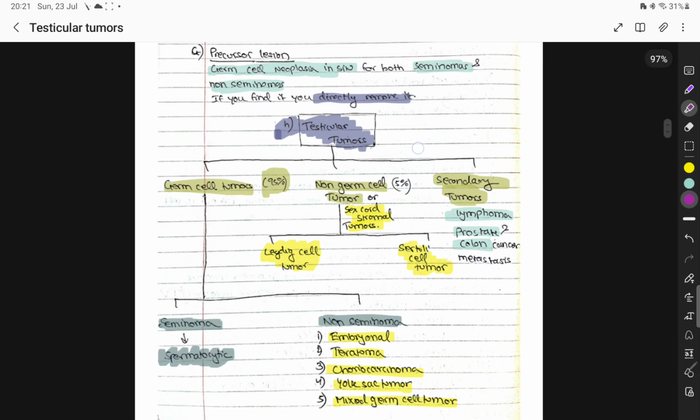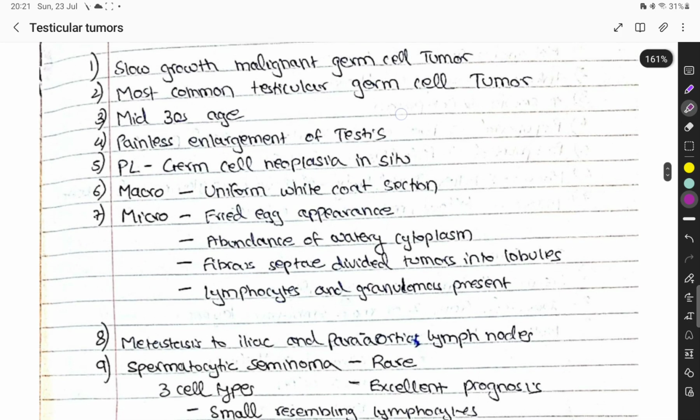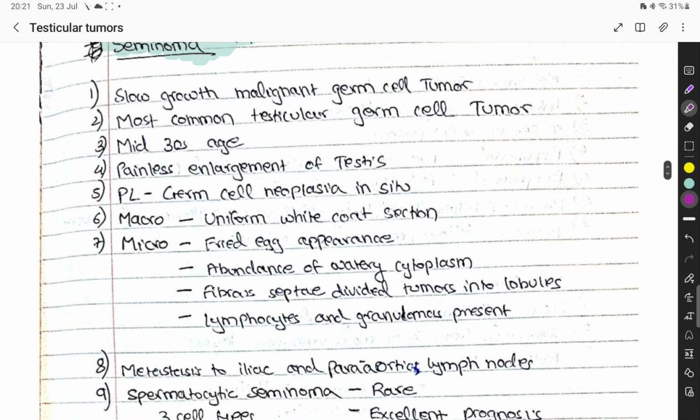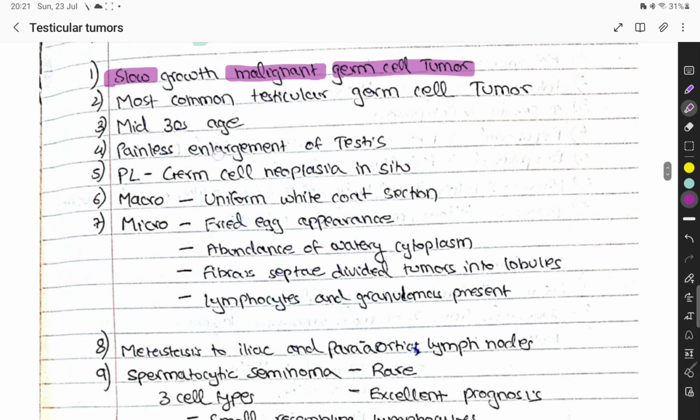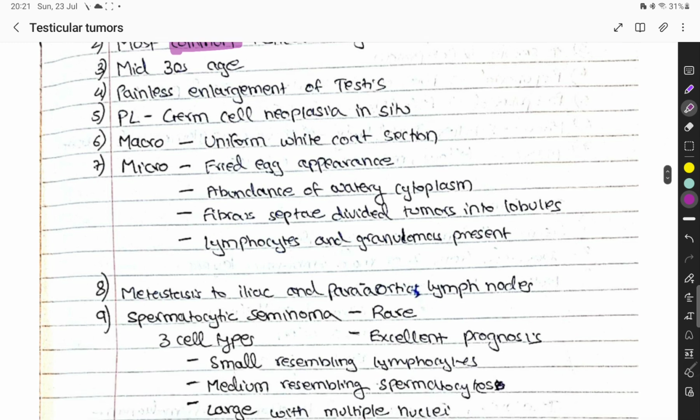Seminoma is the most common type of germ cell tumor. So 90% of germ cell tumors are seminomas. They have slow growth, malignant germ cell tumor, most common testicular germ cell tumor. Don't forget it's a germ cell tumor, okay? Then it happens in the mid 30s age. There is painless enlargement of the testis. The precursor lesion is the same.